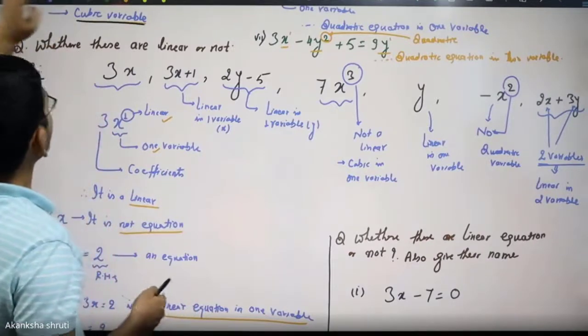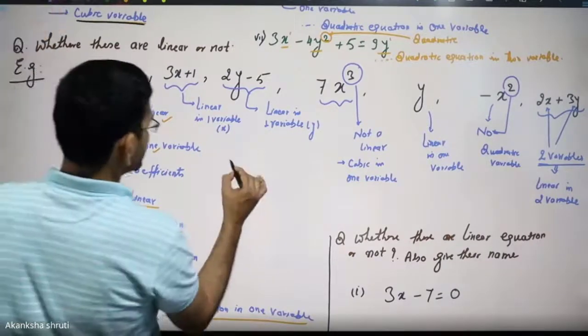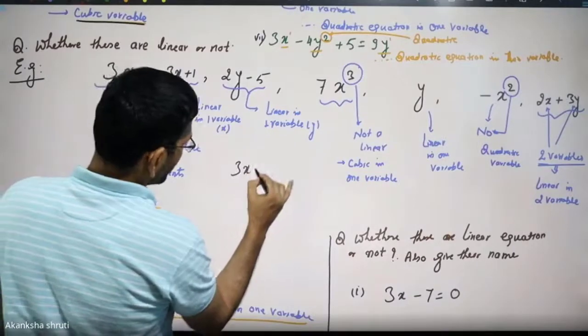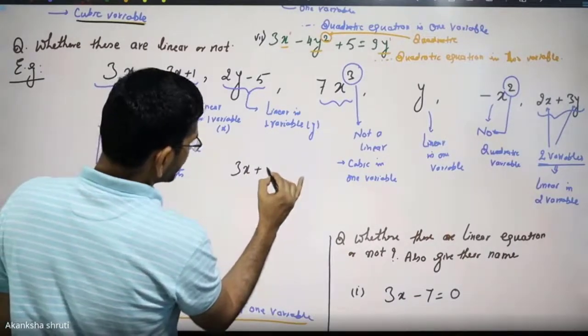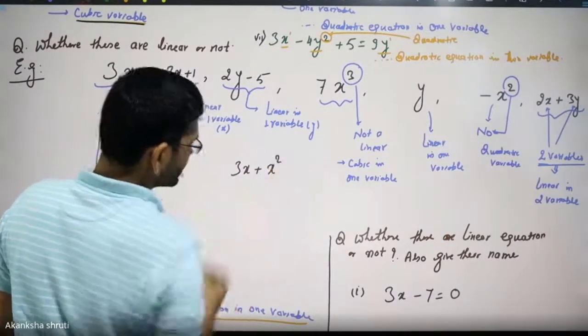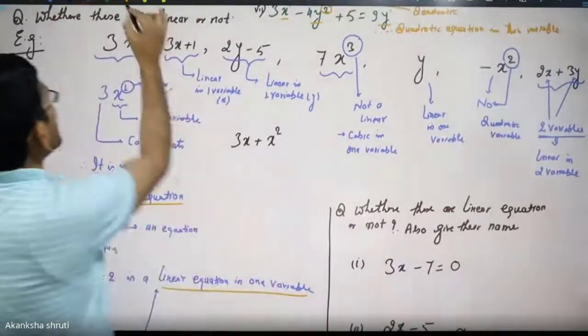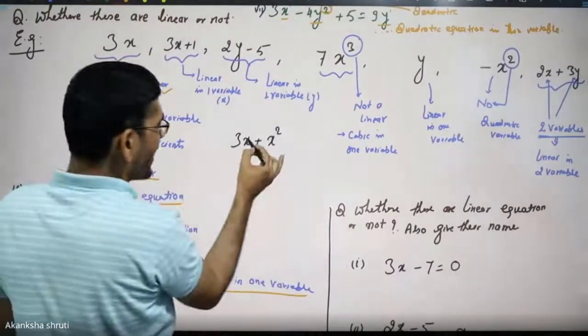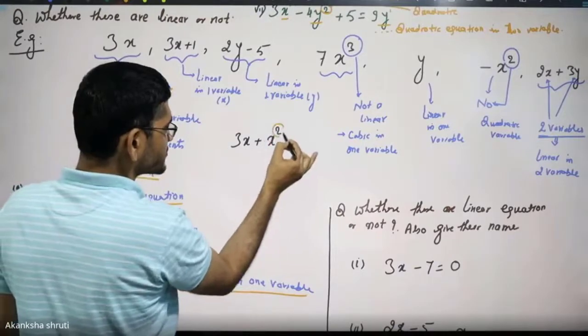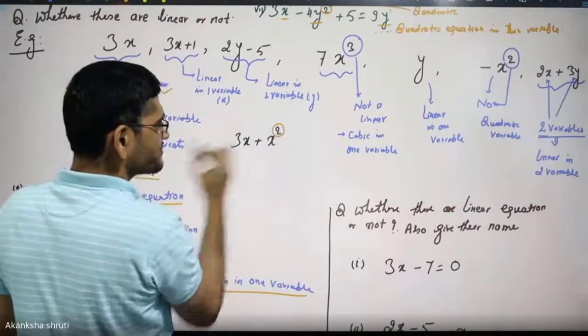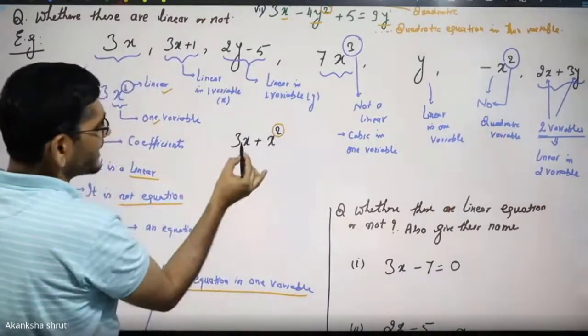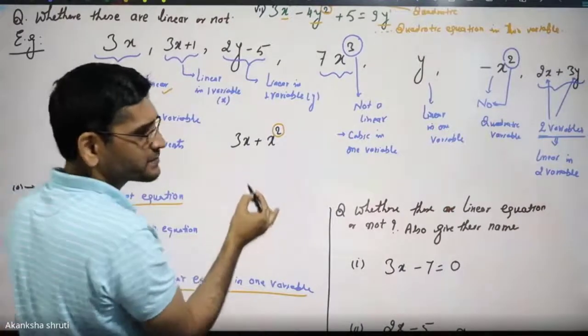Students, if we consider 3x plus x square, whether it will be linear or not, student, in this case the power of x is 2, meaning the highest power is 2. It doesn't matter whether a lower power is present or not.